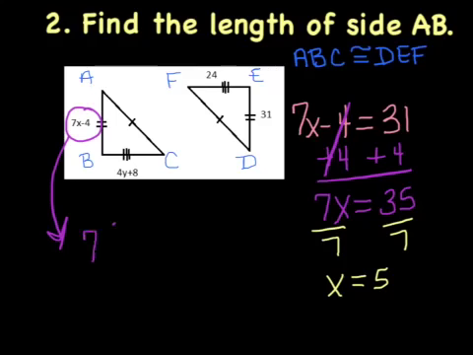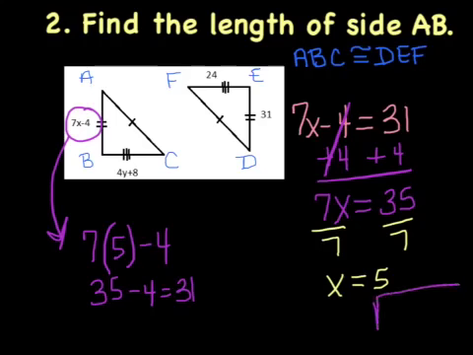So 7 times whatever x is, which was 5, minus 4 will be side AB. So that's 35 minus 4. That equals 31. So over here, I'll put my answer. AB equals 31, whatever units it is.